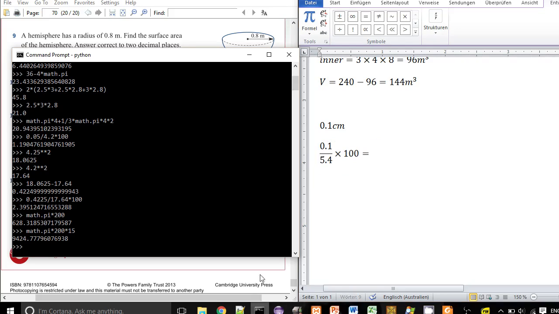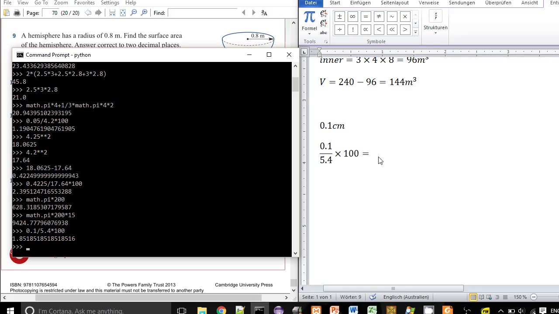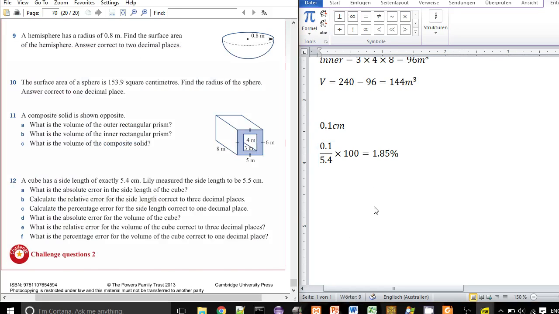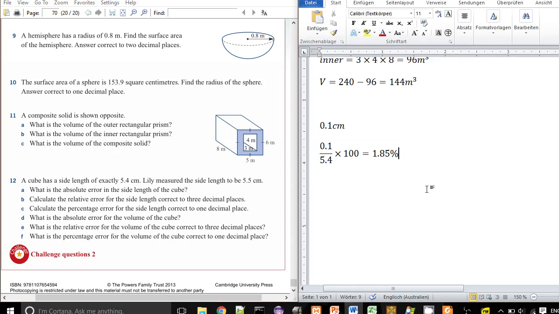Okay, so 5.4 times 100, so 1.85%, 2 decimals. That's the percentage error. Okay, and look, I don't know about these, the absolute error for the volume. Alright, okay, look, I'll just try.